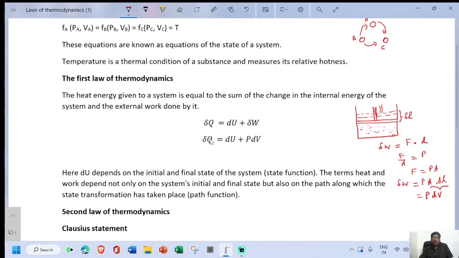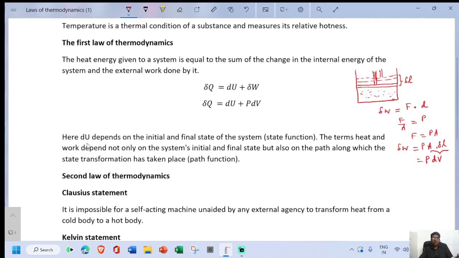Here, for the quantity of heat energy and work done, we have used the inexact differential delta. For internal energy, we have used the exact differential d, because the quantity of heat energy and work done are path functions, whereas the internal energy is a state function.